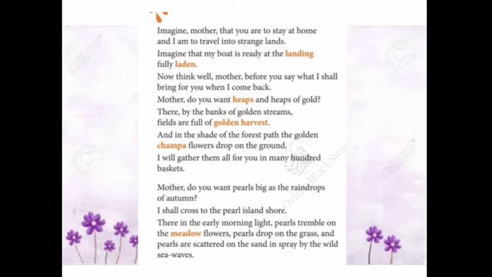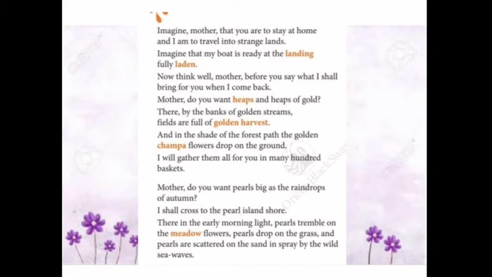In the coming lines, we can see the child is asking his mother whether she would also be interested in big pearls, pearls as big as raindrops in autumn. He would then sail to the island where he would find such pearls.